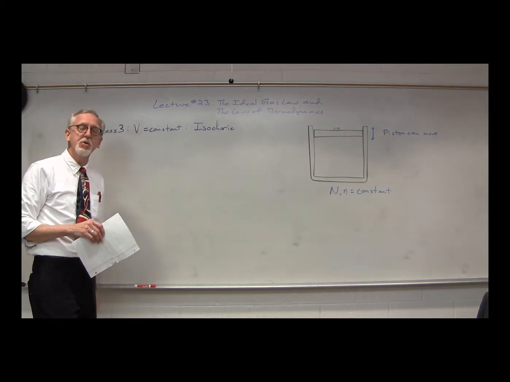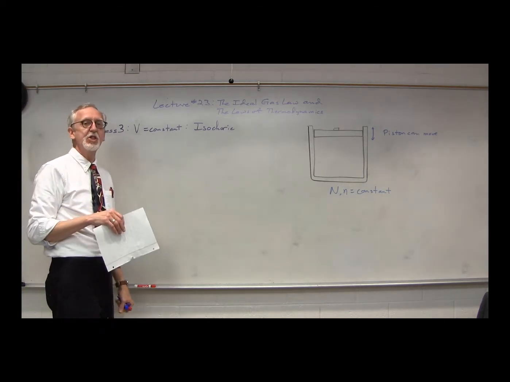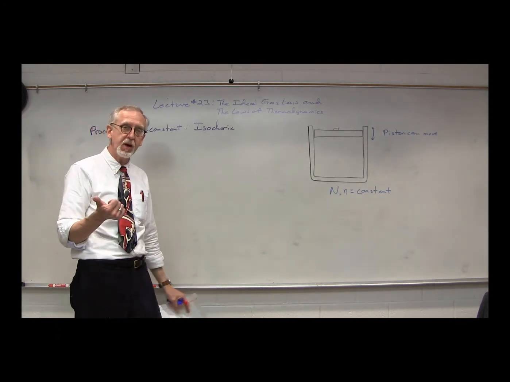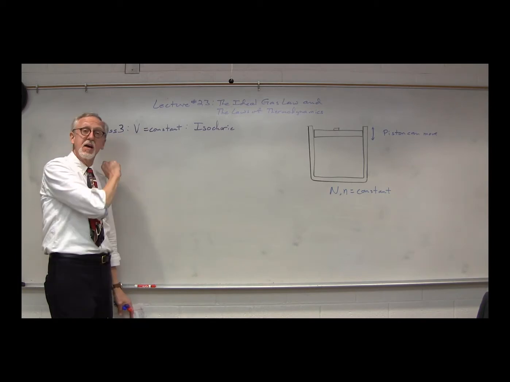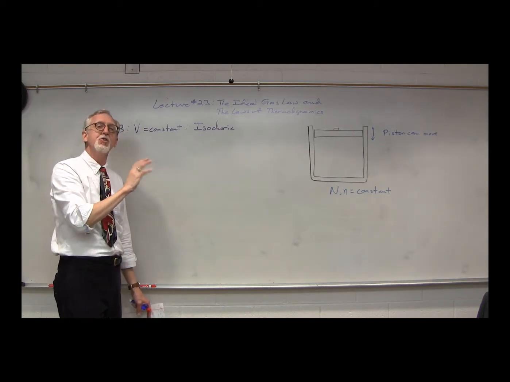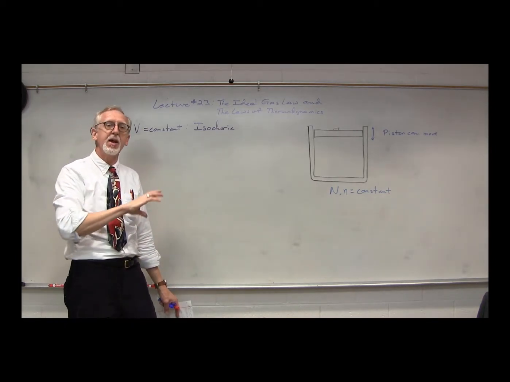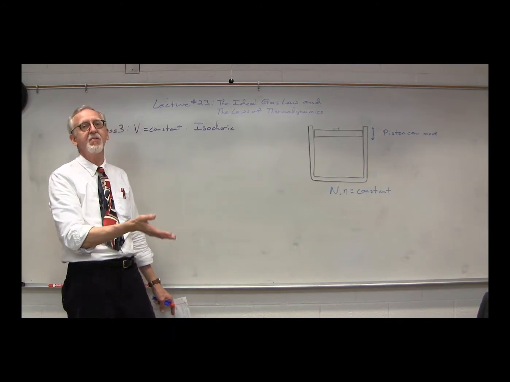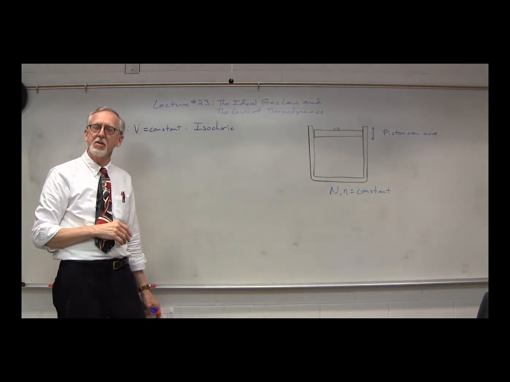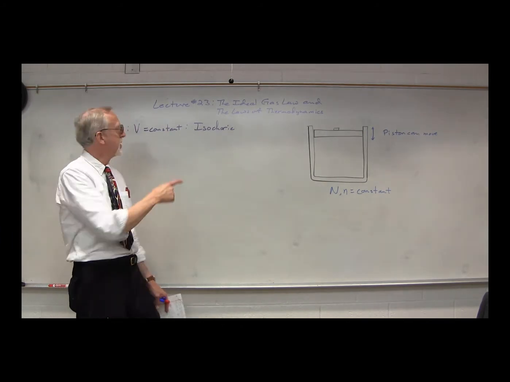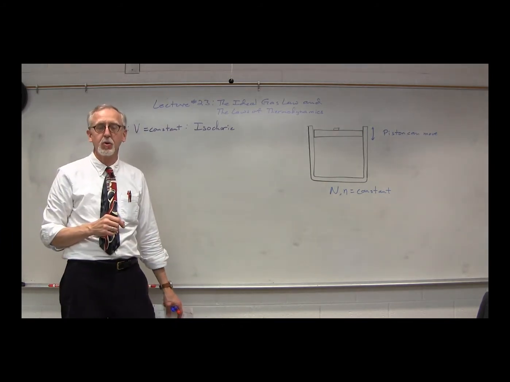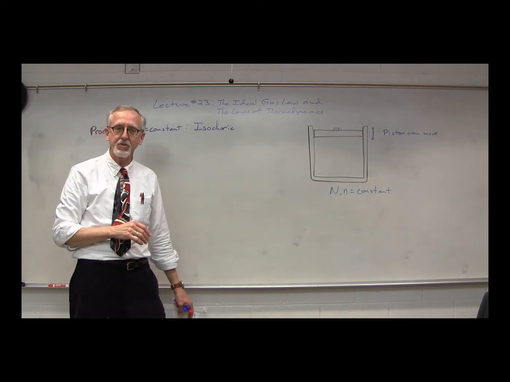I actually want you to go through it and see if you can do it, just like we did for the isothermal process and the isobaric process. For a volume being held constant, do the same thing with the ideal gas law. Put everything that's constant on one side, everything that changes on the other, and see if you can figure out an analogous kind of equation, like Boyle's law and Charles's law, that applies for an isochoric process. Okay? Give that a try.